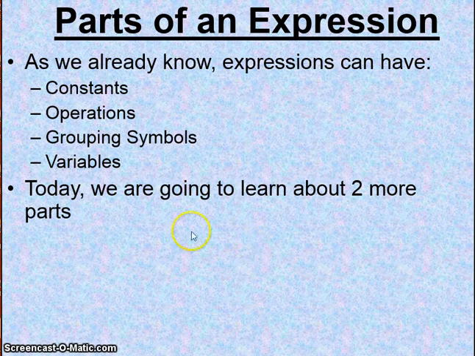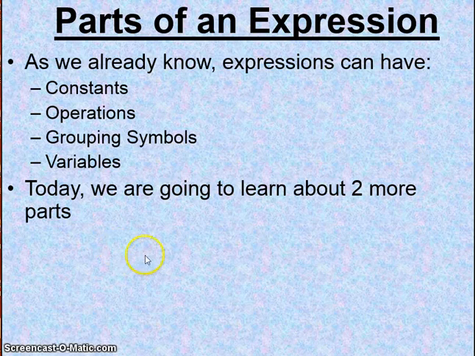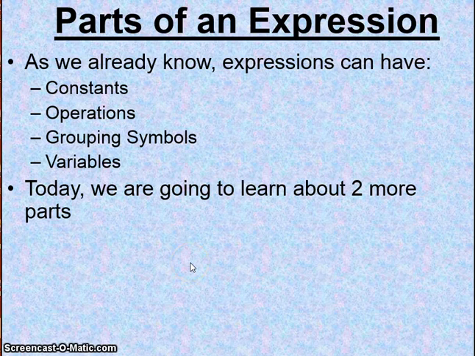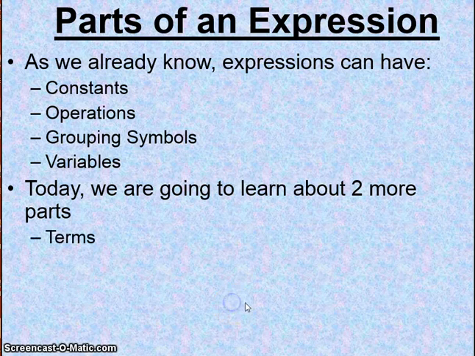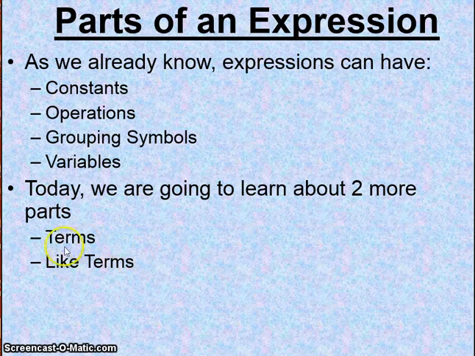So today we're going to learn two more parts of expressions, and these parts are parts of both numeric and algebraic expressions, but they're mostly important when you're studying algebraic, and those are terms and like terms. Now, you can think about terms as siblings, and think about like terms as twins.